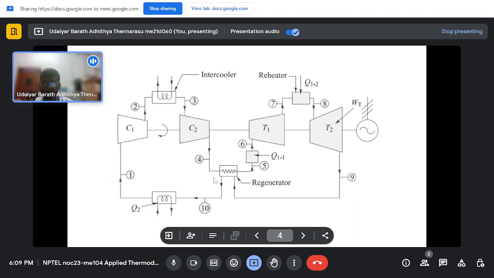And here there is also a regenerator, where the exhaust temperature is used to heat the fluid going into the combustion chamber to increase your heat utilization. So that is done using a regenerator.